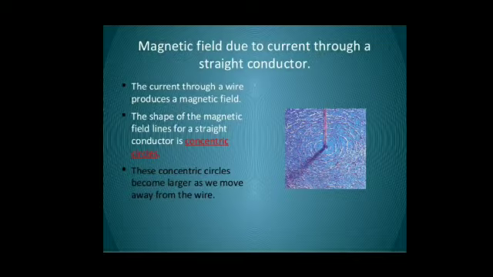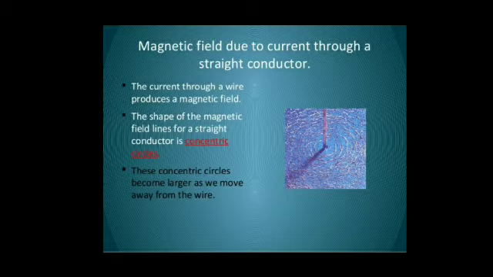So if we take a straight conductor and pass electricity through it, then it produces magnetic effects, and that magnetic effect produces magnetic field lines. So if the conductor is straight, the magnetic field lines for a straight conductor are concentric circles. You can see in the diagram.